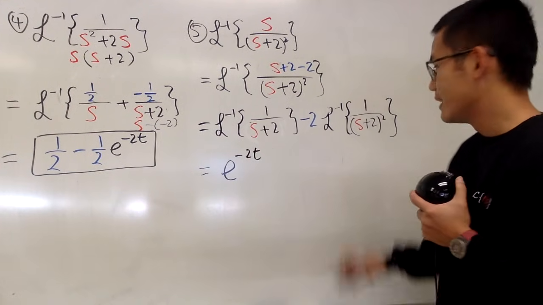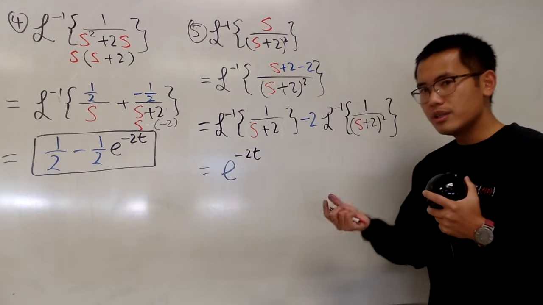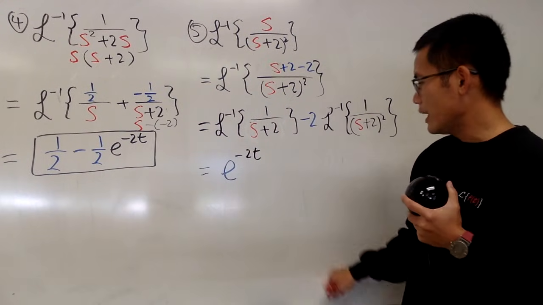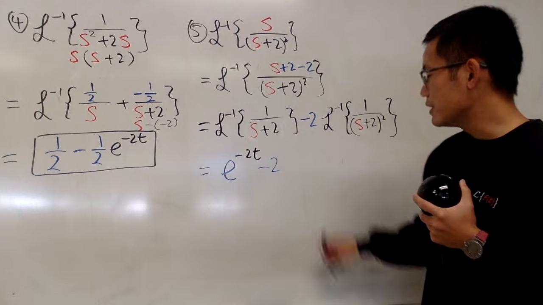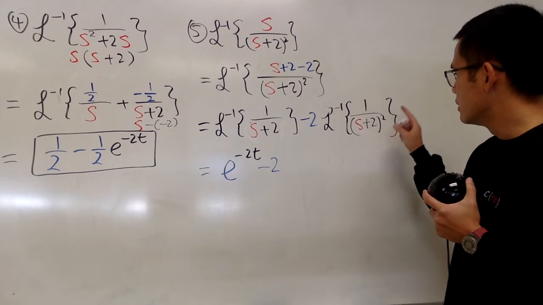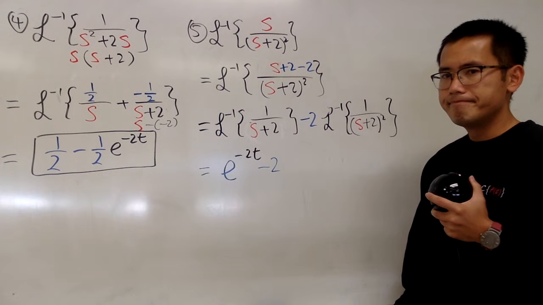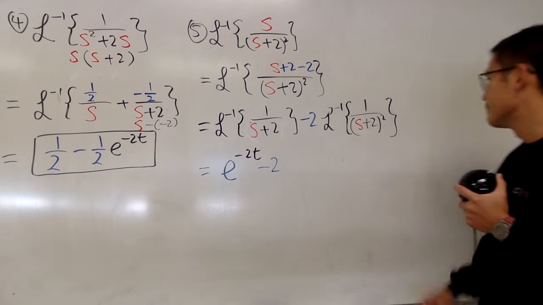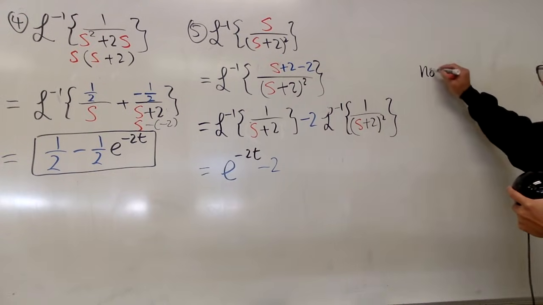Yes? Now, for this, it's slightly trickier, so pay close attention. We have the minus 2 right here. That's good. Now, we have 1 over s plus 2 squared. It's kind of weird. Don't worry, I got you. Here are some notes for you guys.